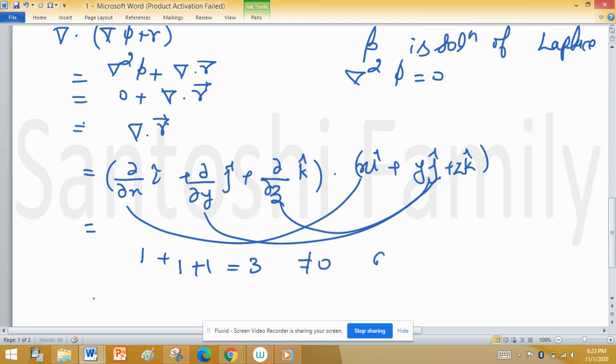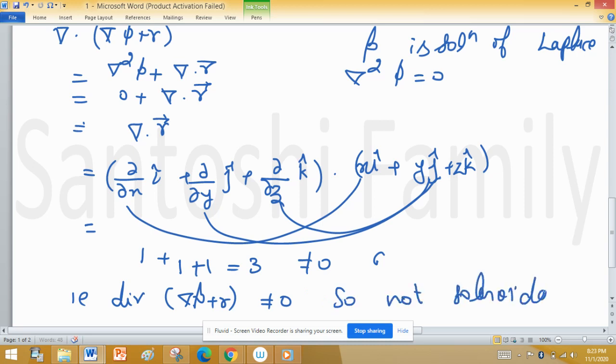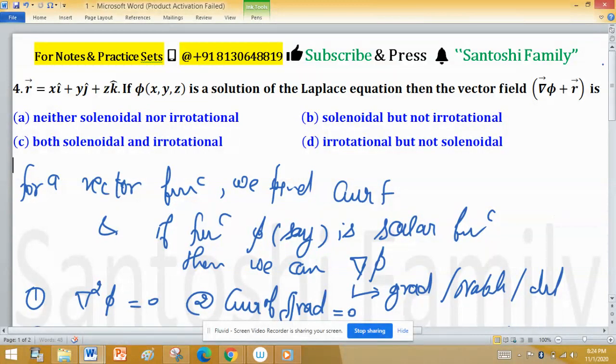That is, divergence of gradient phi plus r is not equal to 0. So it is not solenoidal. Now come to the options.